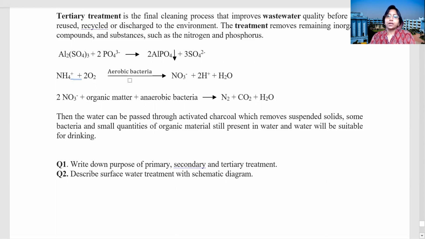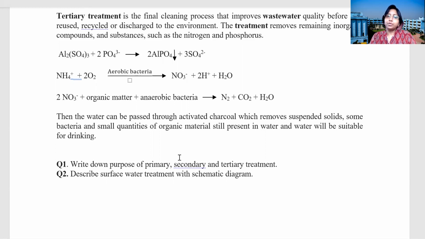Now I hope that you can answer this question: write down the purpose of primary, secondary, and tertiary treatment. You have to describe that in primary treatment, what type of material can be removed, like grit, large particles, suspended particles, etc. In secondary treatment, you can remove the organic matter, the organic waste materials present in the water bodies.